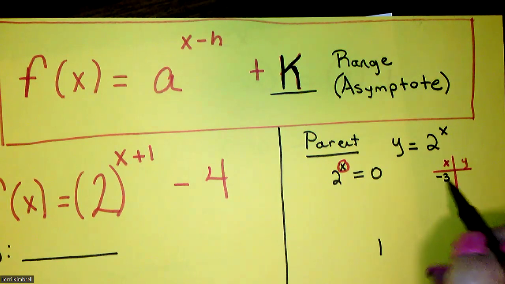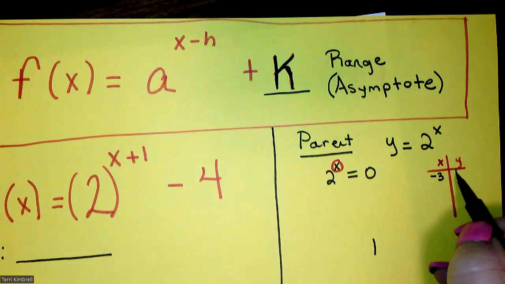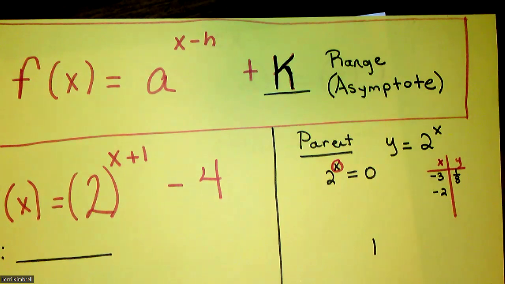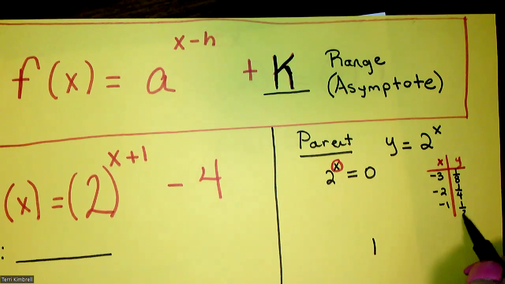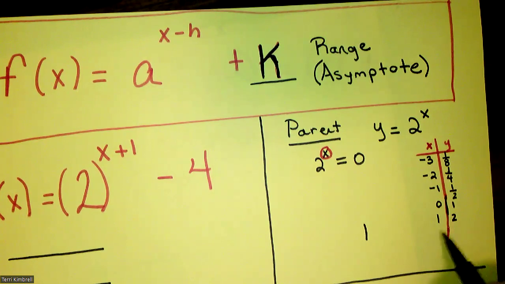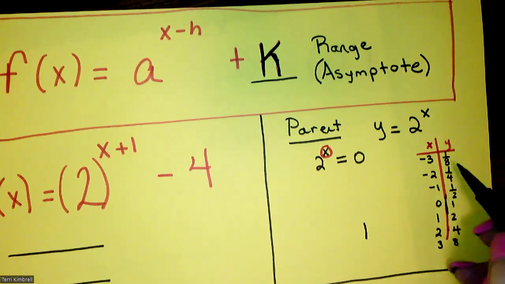So if I did -3, that's just going to go to 1 over 2 to the third, which is 1/8. If I did -2, that would go to 1 over 4. -1 is going to invert the fraction to 1 over 2. When I raise it to 0, I just get 1. If I raise it to 1, I'm going to get 2. 2 would give me 4, and 3 would give me 8.